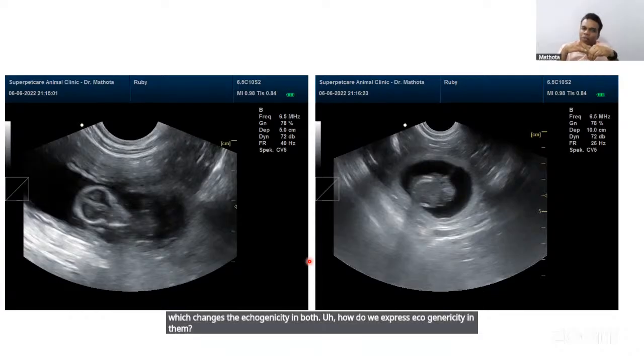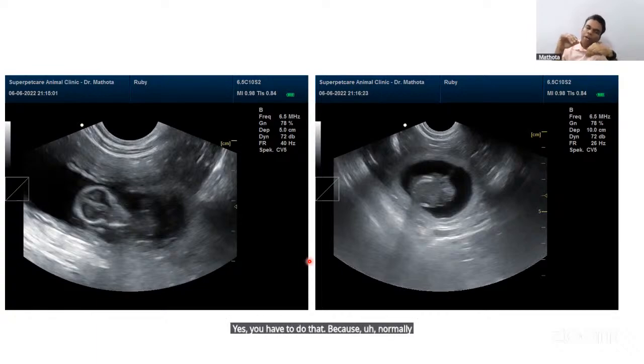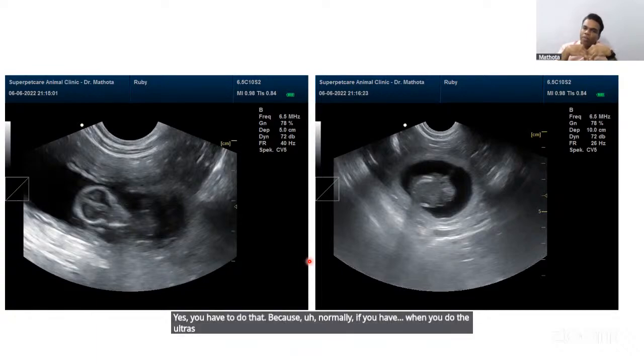Yes, you have to do that. When you do ultrasound scanning, we are always comparing all the organs. Comparing kidney to liver, we can't say the liver is hyperechoic or the renal cortex is hyperechoic. So again, you'll have to compare with the spleen also.